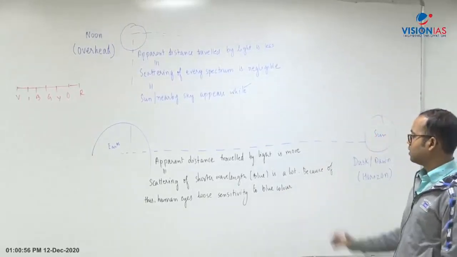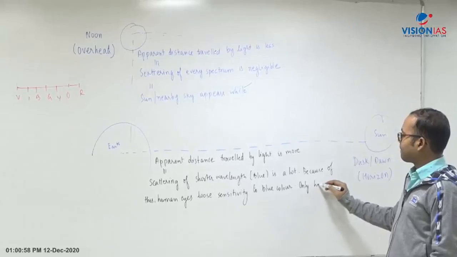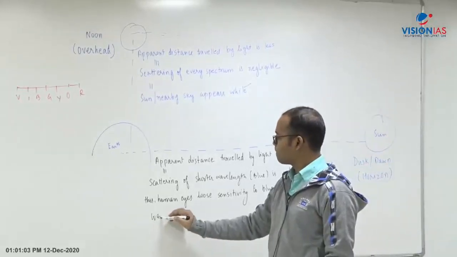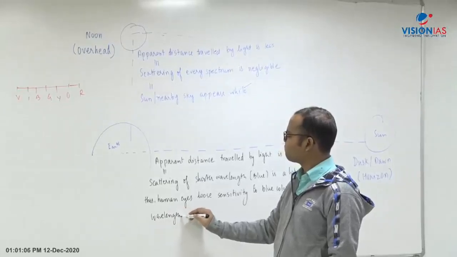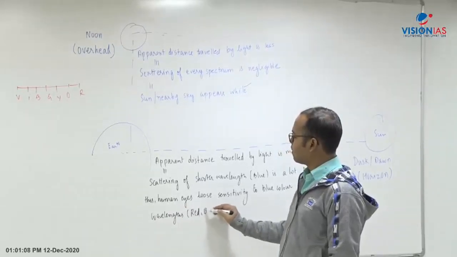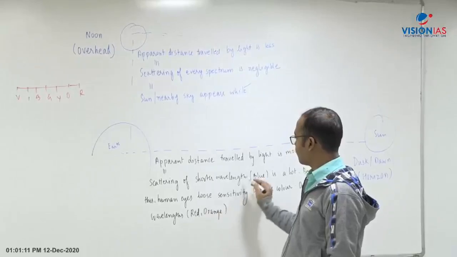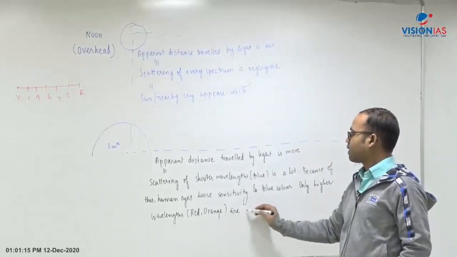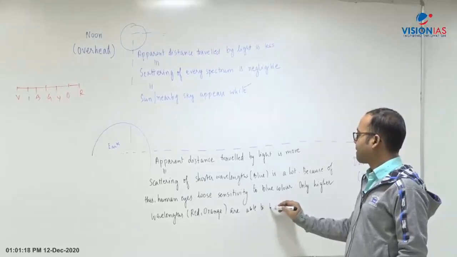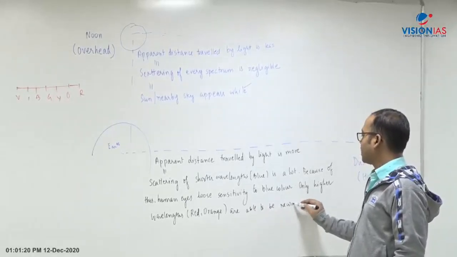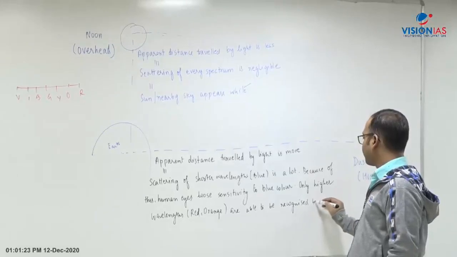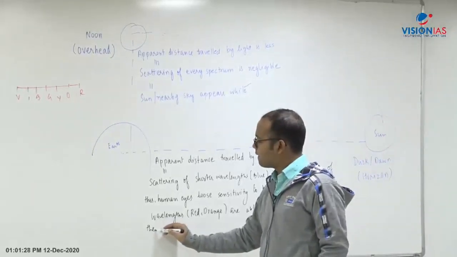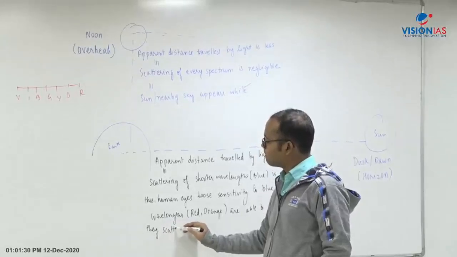Only higher wavelengths like red, orange, etc. are able to be recognized by the eye as they scatter less.